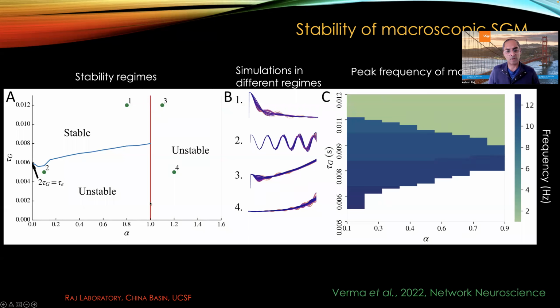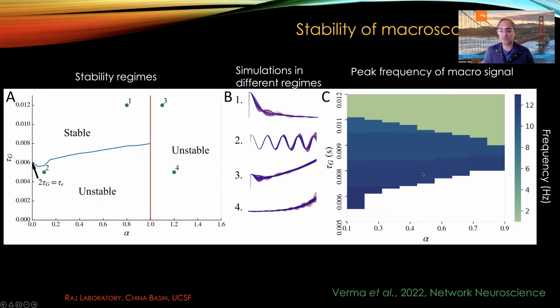As we know from previous work, alpha equals 1 forms the boundary of stability. Any alpha more than 1 in the kind of model we have will be unstable. That is not the case for tau G. It's not so easy to define a stable boundary for tau G, and yet it is very distinct coming from simulations. And in this stable boundary, you can achieve various modulations of peak frequency, depending on the choice of tau G and alpha.